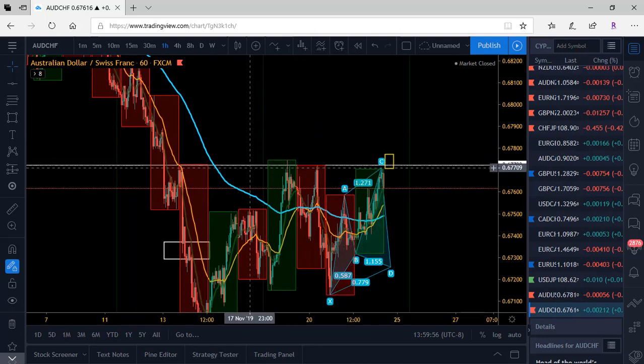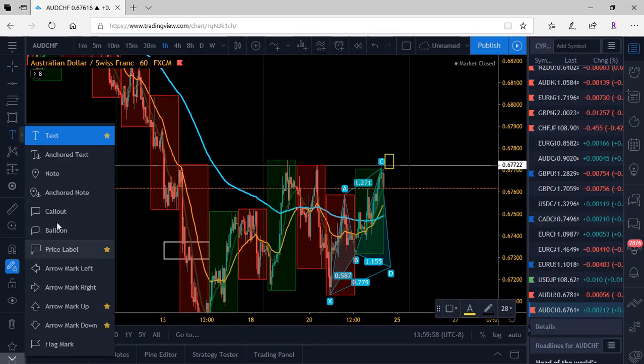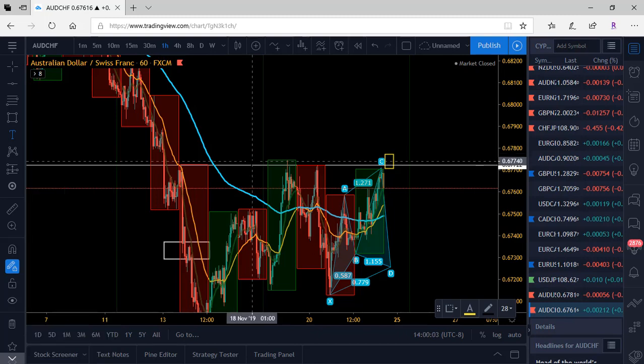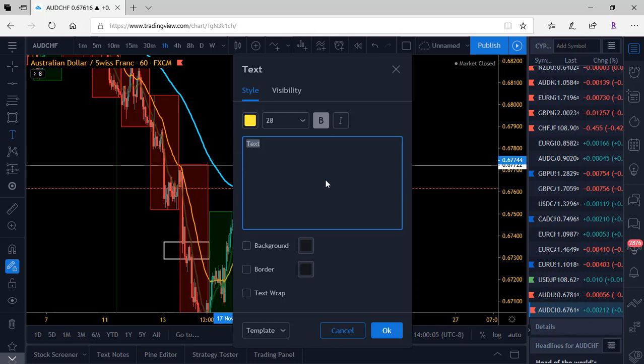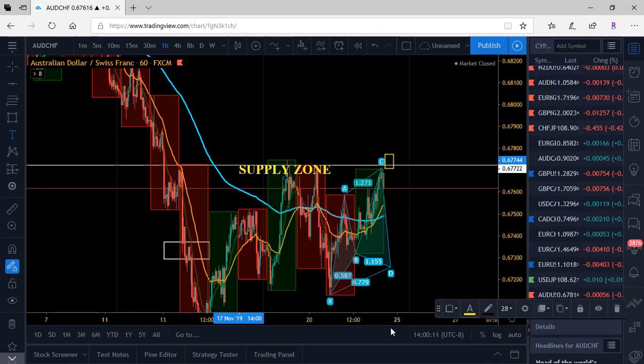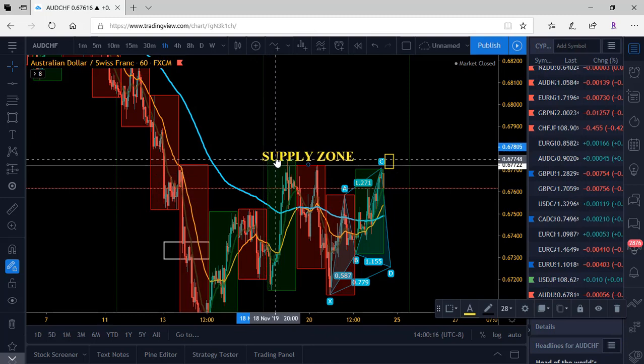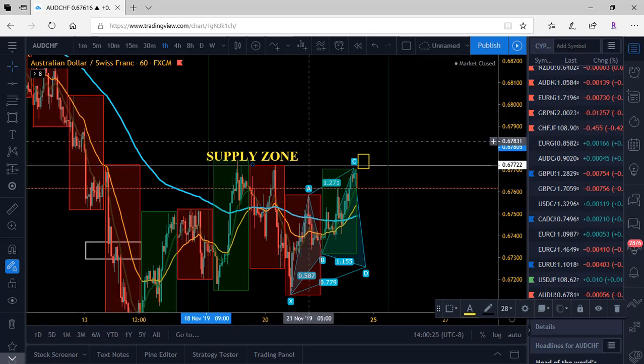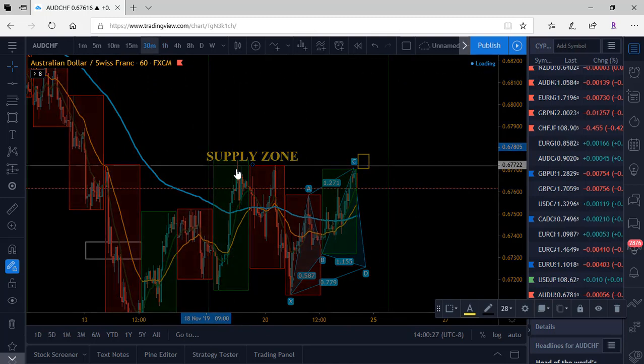So this right here, it's a nice resistance supply zone, where when price is near that supply zone, you are anticipating a drop. So this is beautiful actually.